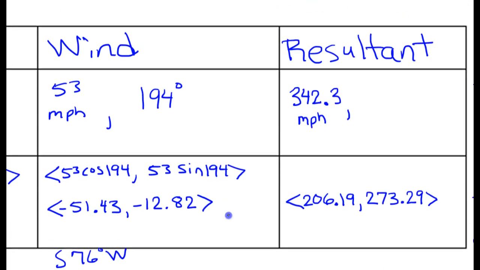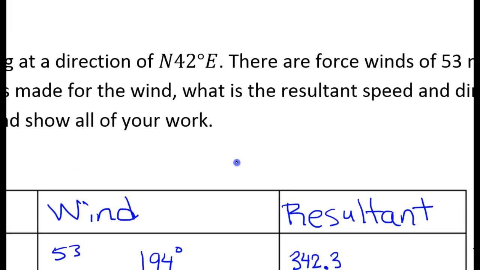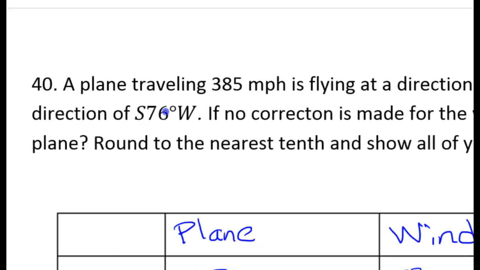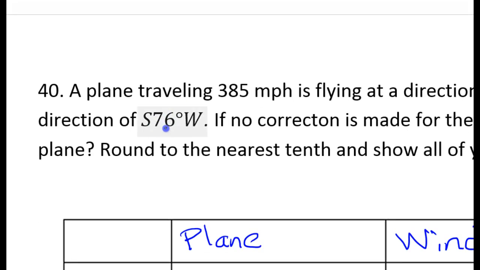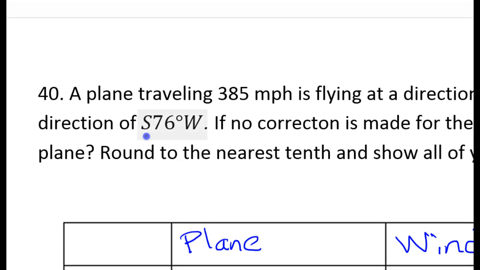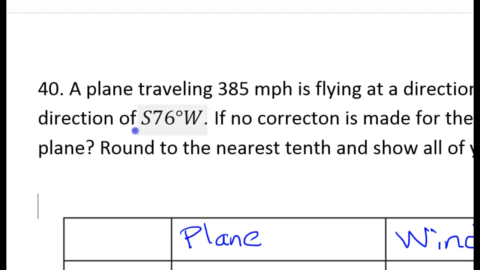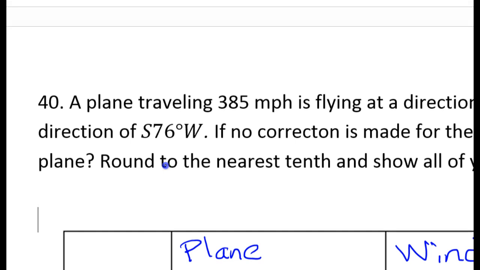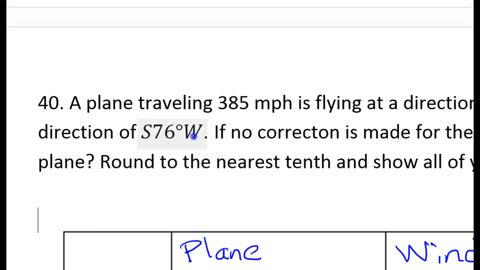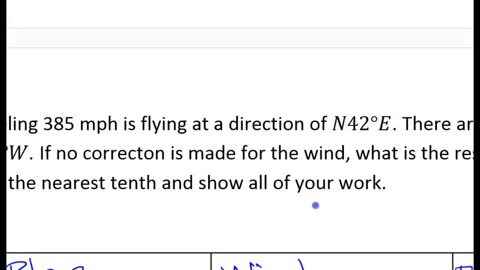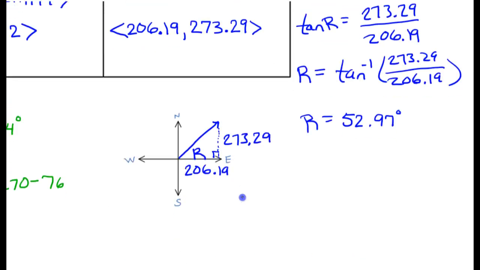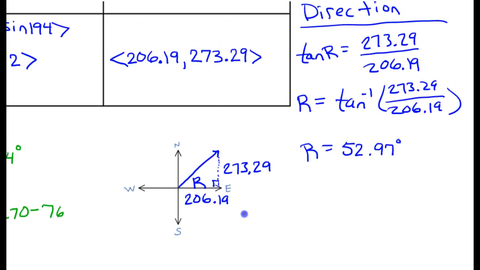Or there's another method where they have things like north, 42 degrees east, or south, 76 degrees west. Well, in this problem, they're using this method. So in our final answer, we need to write something like south something west, or north something east, something like that.